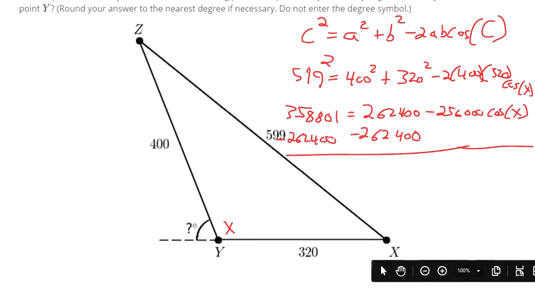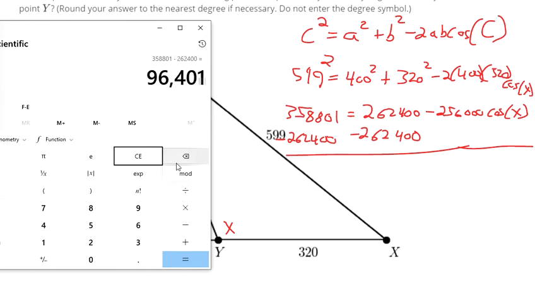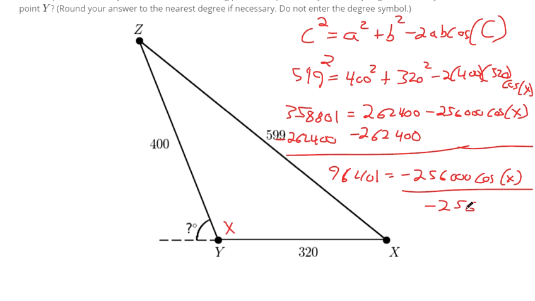So if we do that, we've got 358,801 subtracted by 262,400. It's 96,401 equals negative 256,000 cosine x. And then we can divide both sides by negative 256,000.